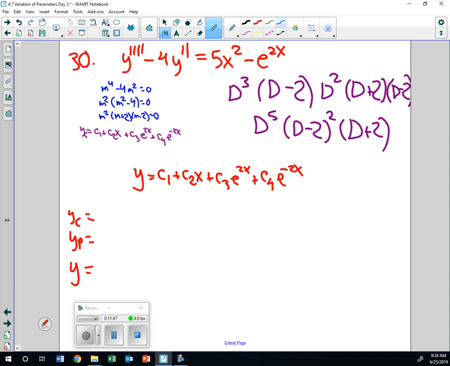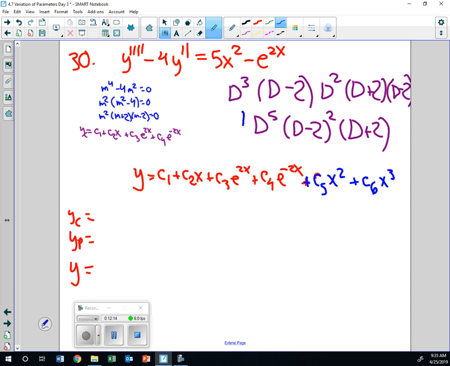But it took two derivatives to bring this down. We're to the 5th now. You're going to have to add a c5 x squared. What else do we need to add? c6 what? x cubed.